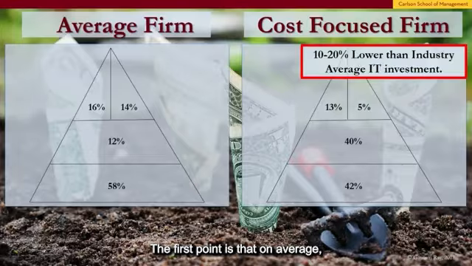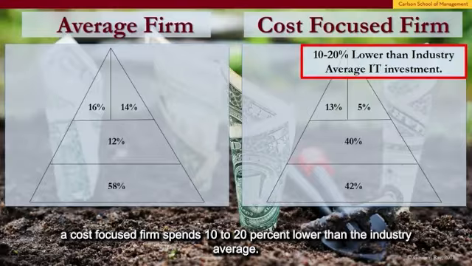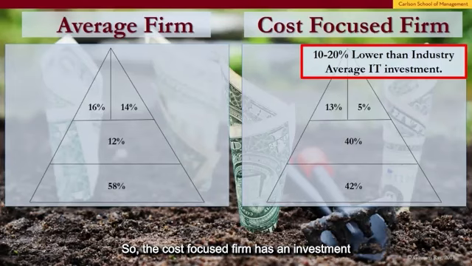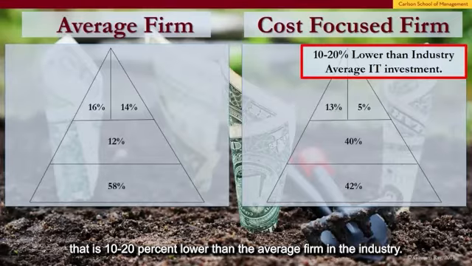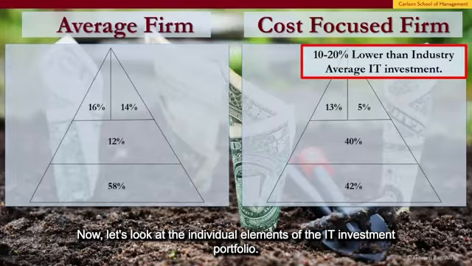The first point is that on average, a cost-focused firm spends 10 to 20% lower than the industry average. So the cost-focused firm has an investment that is 10 to 20% lower than the average firm in the industry. Now let's look at the individual elements of the IT investment portfolio.